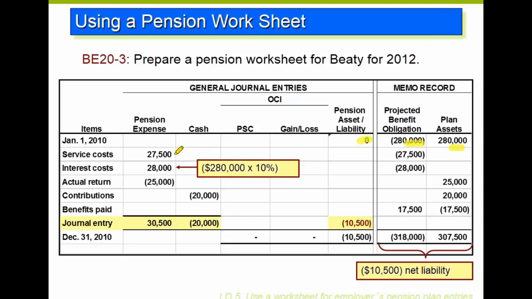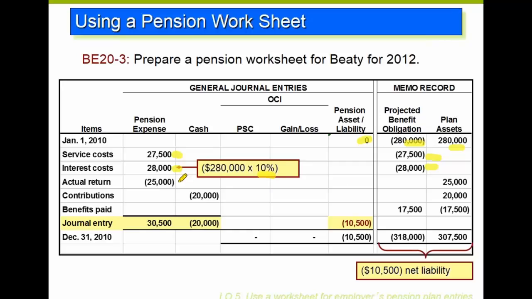Service cost increases our pension expense and increases our projected benefit obligation. The interest cost is 10% times the projected benefit obligation, that's $28,000. So the interest cost also increases the projected benefit obligation.